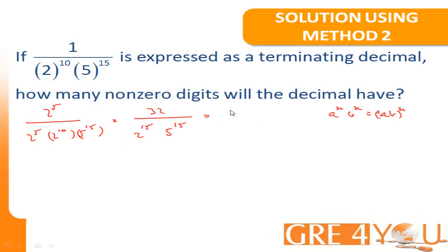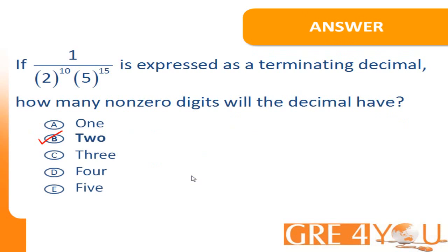So this is equal to 32 divided by 2 to the power 15 times 5 to the power 15, which equals 10 to the power 15. So again we've got 0.000 followed by a whole number of zeros ending with 32. This is what we're after, the number of non-zero digits, and that is equal to 2. And that is your answer. The answer is 2 as I mentioned.